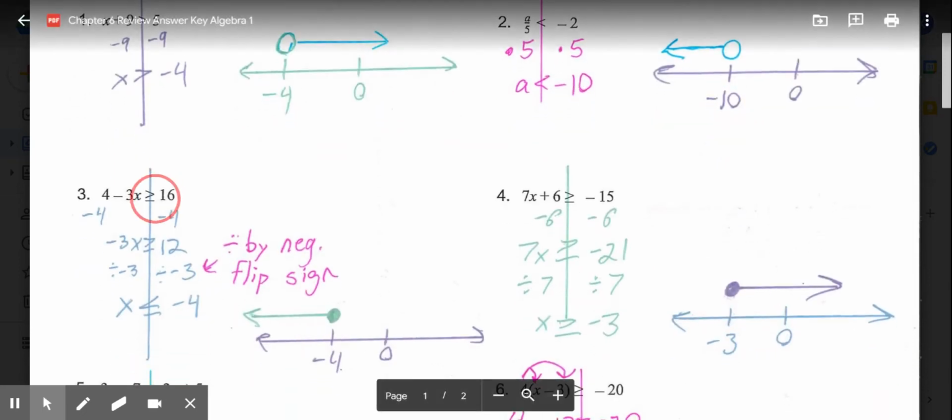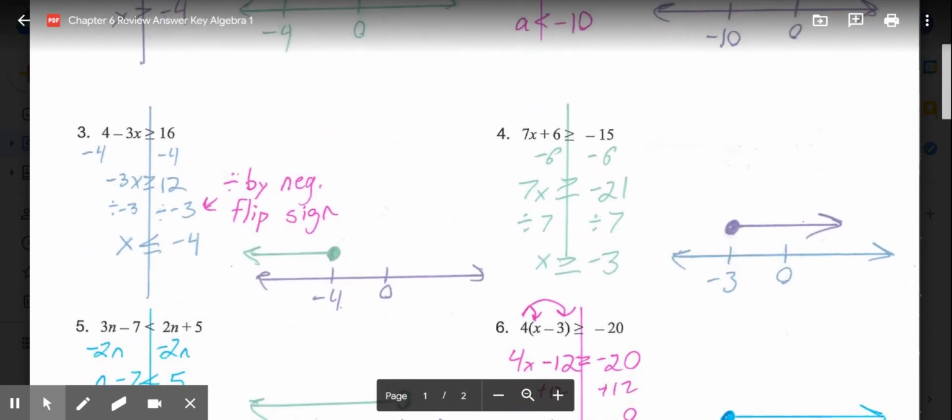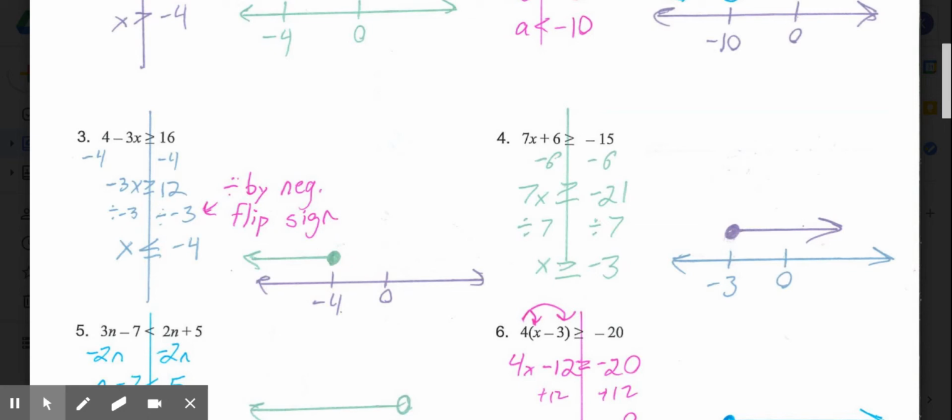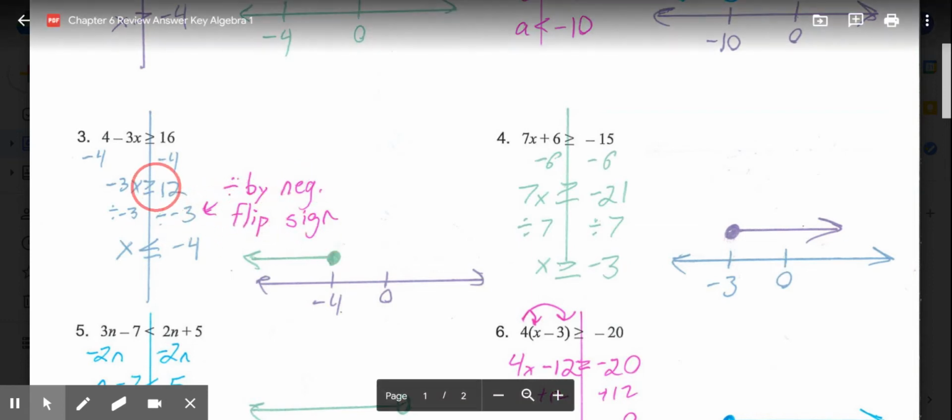If it is greater than or equal to or a less than or equal to, you end up using a filled in circle. And then remember, anytime we're multiplying or dividing by a negative value, you would flip the inequality sign. So if it was greater than, when we divide by the negative, it turns into a less than.